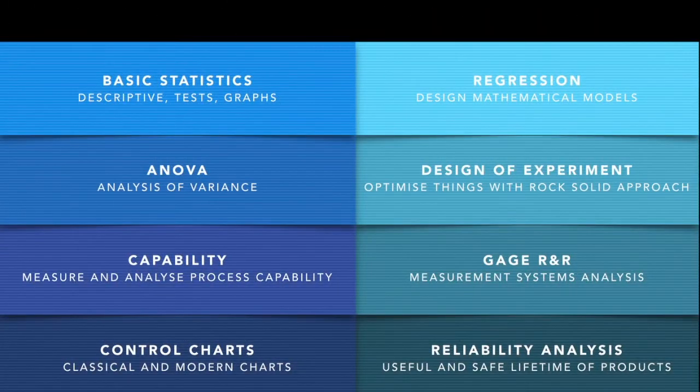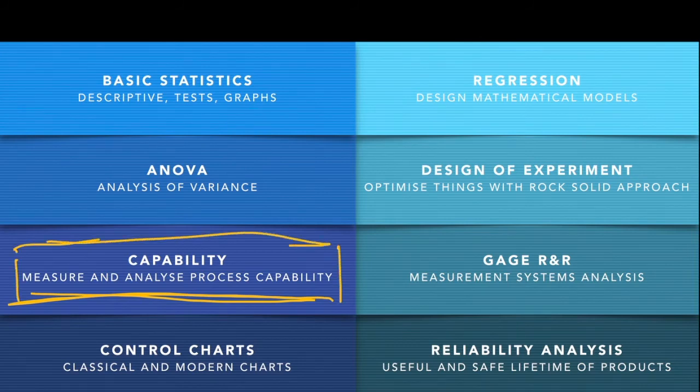Well, in Minitab, capability analysis is at its best, and you have all the statistical and mathematical tools that you need to provide a full professional capability analysis of your process.